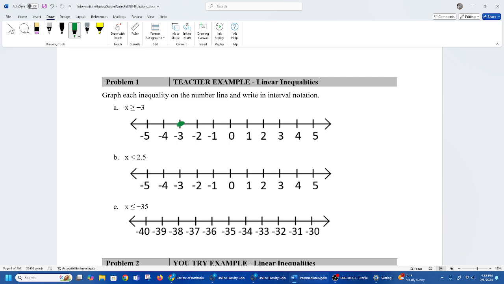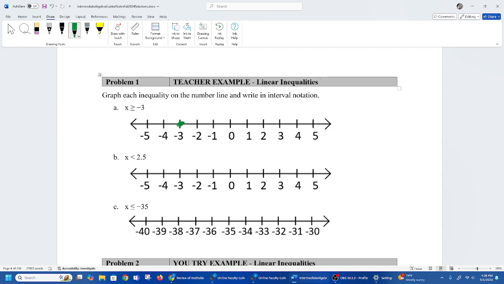Next, we have to figure out which way our line is going to point. To do this, I like using test points and putting them into the inequality and seeing if it creates a true statement. So if I look at the number to the left of -3 and I put it into the inequality, is -4 greater than -3?